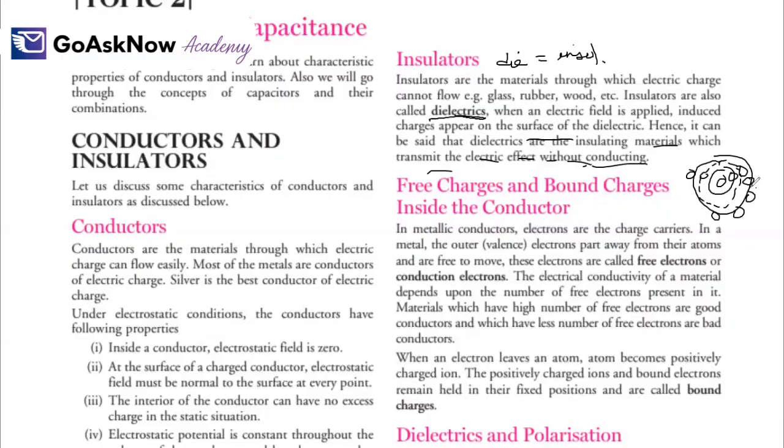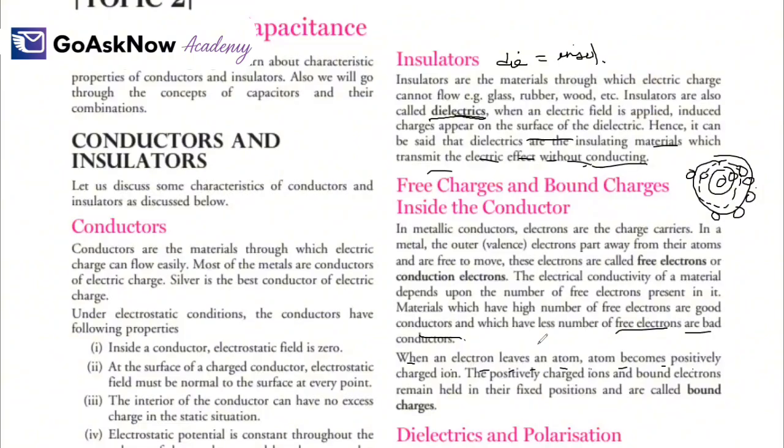Materials which have a high number of free electrons are good conductors. So materials which have a high number of electrons are called what? Good conductors of electricity. And those which have fewer free electrons are bad conductors. When an electron leaves an atom, the atom becomes a positively charged ion because it has an excess of protons inside.